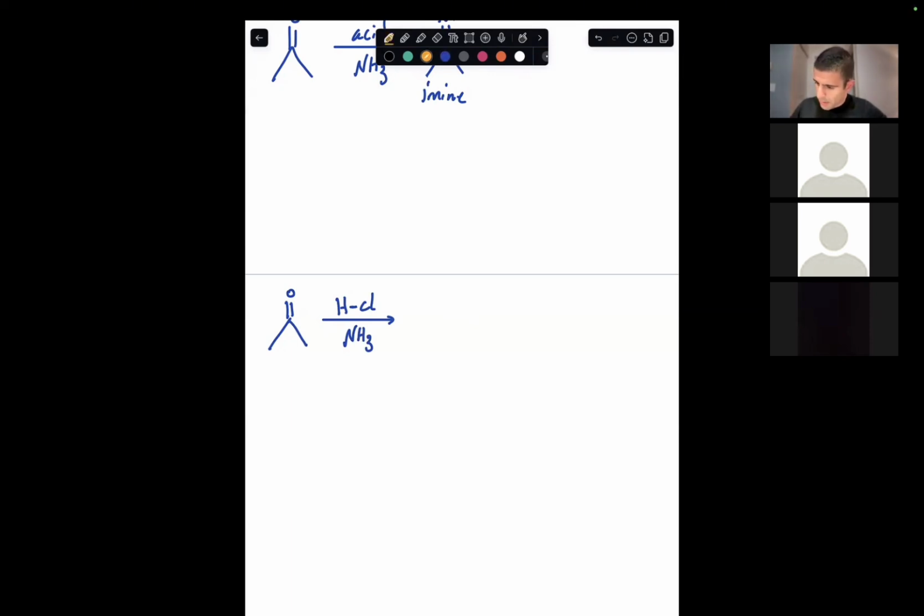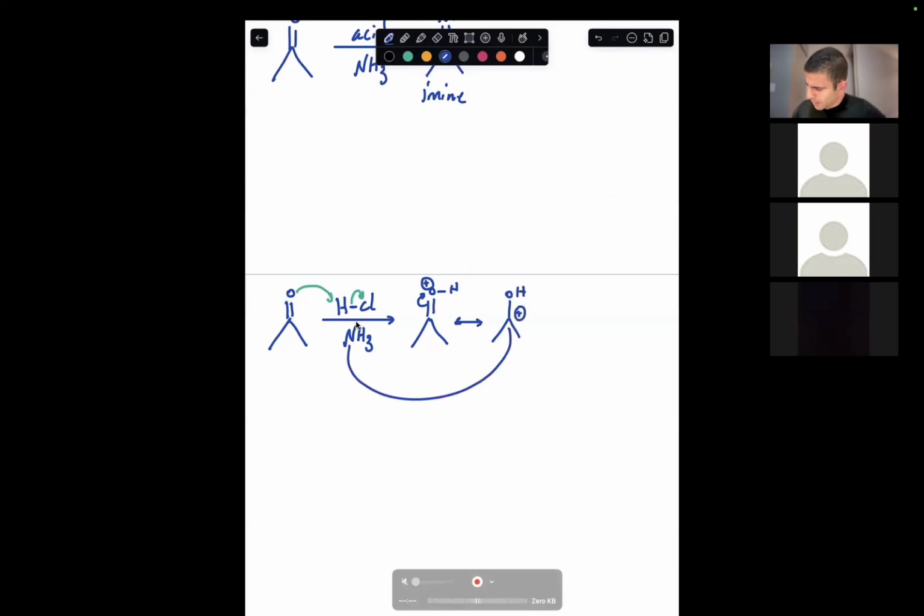So very similarly, you see this goes here and it goes here. And it breaks. Again, so far the same thing. For a while, it's going to be similar. And then the amine attacks.